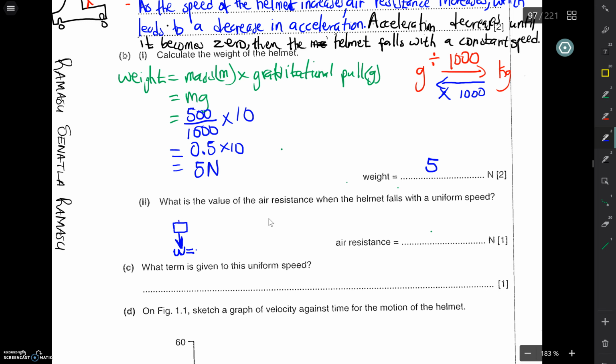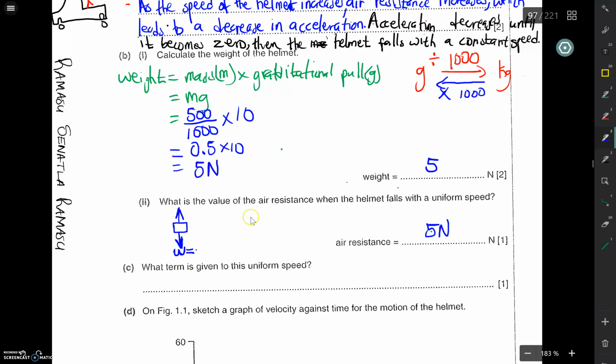So then the air resistance acts upwards because it is opposing the motion of the helmet. So then because there's 0 acceleration, it means that the weight and the air resistance are equal. So the value of air resistance is also 5 newtons.